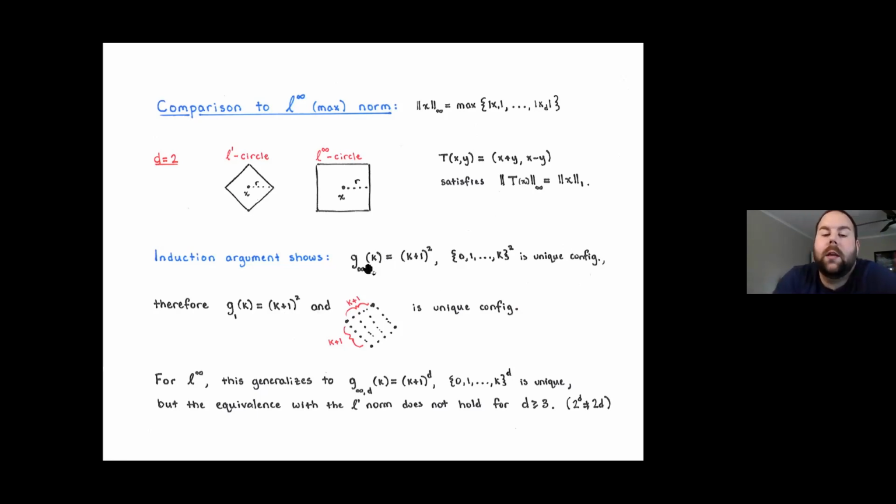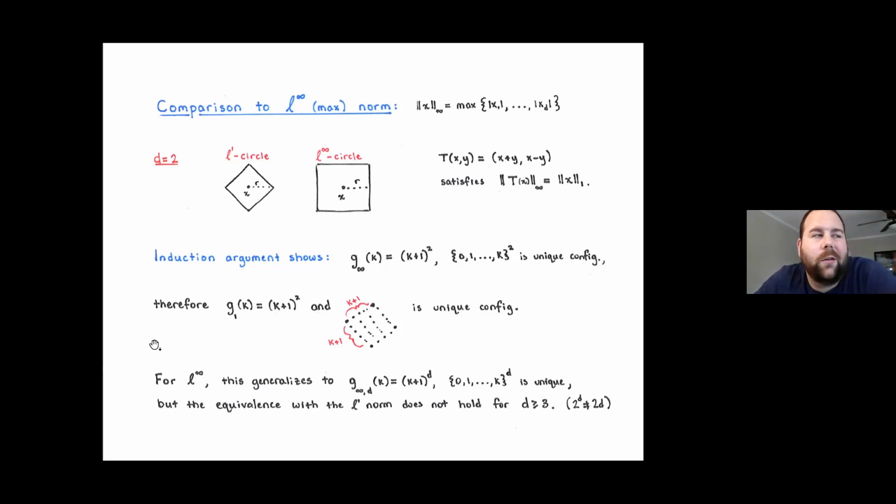And you can induct on the number of distances and show that for the L infinity norm, k distances in R2, the best you can do is just a grid, a k+1 by k+1 square grid in the integer lattice. And so that means that that's also the answer, k+1 squared, for the L1 norm, except instead of the axis parallel square grid in the integer lattice, it's this rotated grid of k+1 squared points.